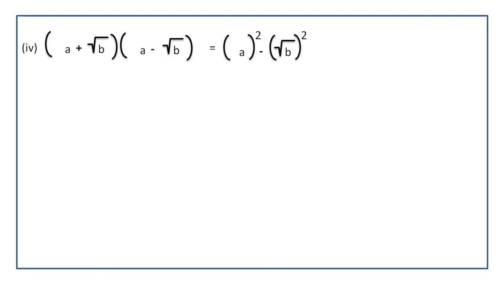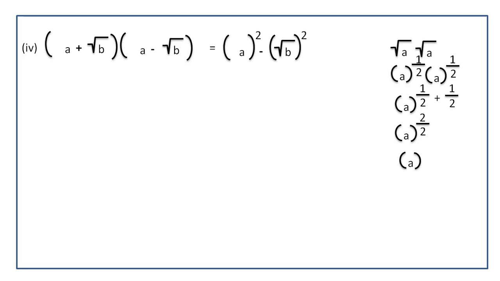Here square root b whole square value is b. This one you know how to get. So the overall formula is a square minus b.